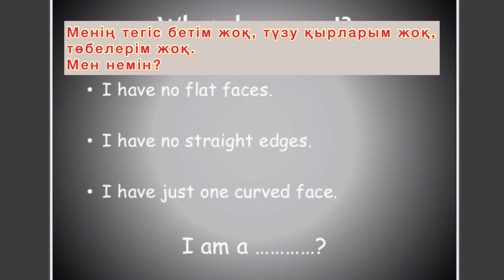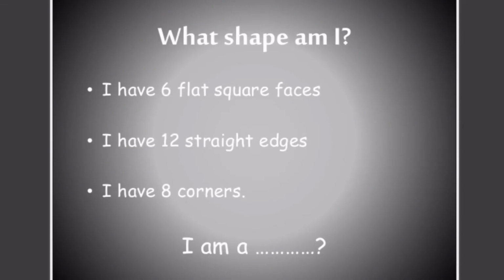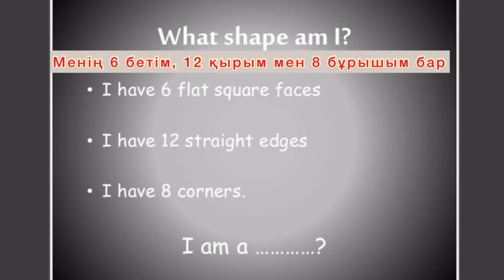What shape am I? I have no flat faces, I have no straight edges, and I have just one curved face. I am? Think about it. I am a sphere. The next one, I have 6 flat square faces, I have 12 straight edges, and I have 8 corners.